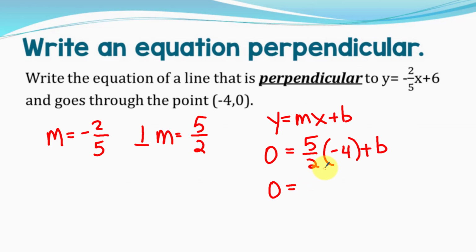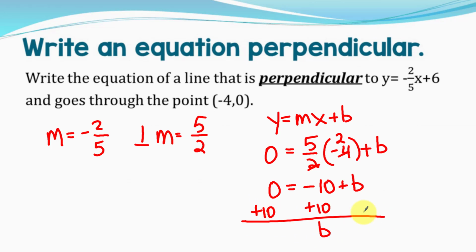0 equals, 2 goes into negative 4 2 times, so this becomes negative 10 plus b. I'm going to add 10 to both sides because I'm solving for b. b equals 10.